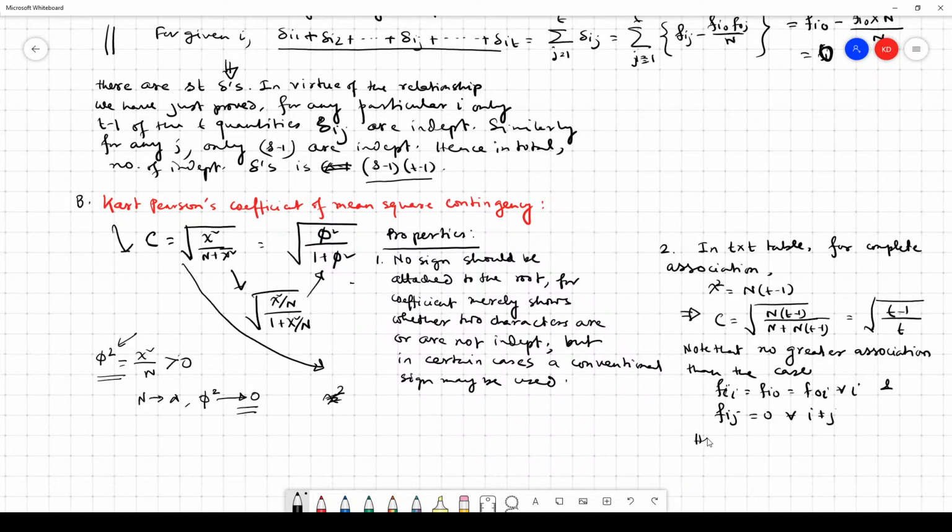So hence chi square should be less than equal to n into t minus 1.